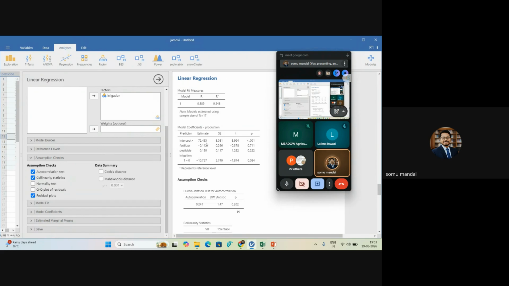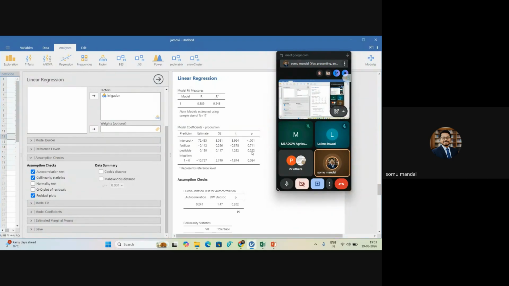You definitely get production of about 72.44 kg per hectare. And look, this 0.001 means it is significant. But in the case of fertilizer and pesticide, no. These two independent variables have no statistically significant impact on the agricultural production in your data set.